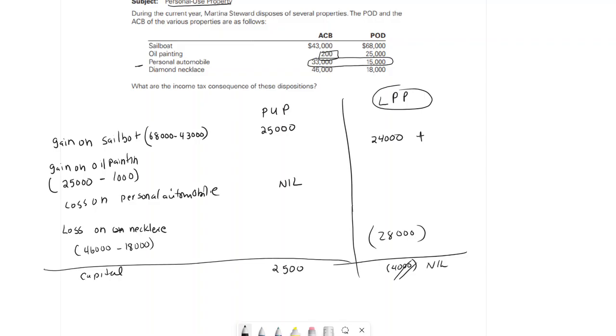That's a capital gain, and we are going to pay taxes on half, and half will be 12,500. What is that called? Taxable capital gain. This 4,000 is a carry forward for a future year.